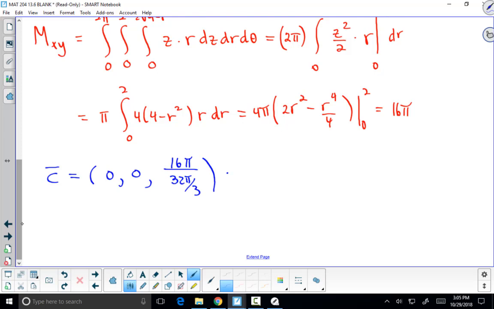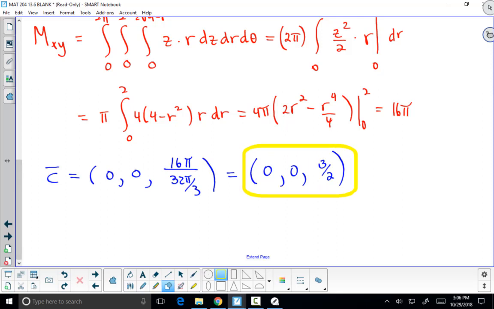So 0, 0, and we flip, we get 3 halves. Nice. That is our center of mass. This is like 0, 0, 1.5. So that's our center of mass.